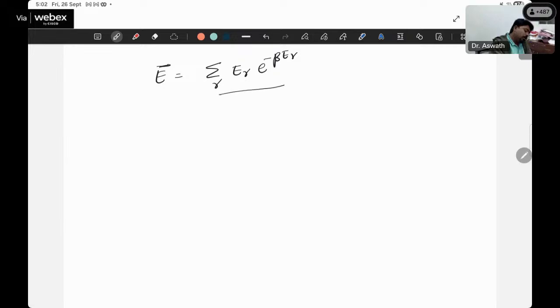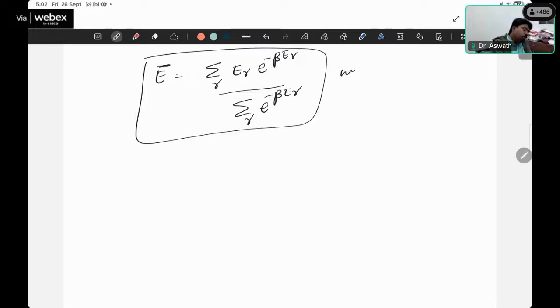So I have mean energy is equal to summation over ER, exponential minus beta ER, divided by summation over exponential minus beta ER. This quantity we need to find. How do I find it?